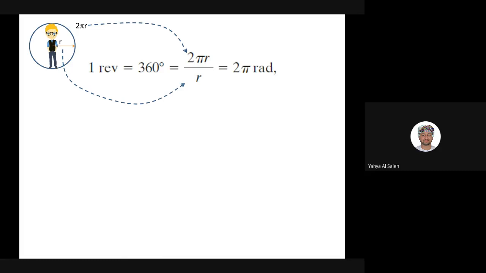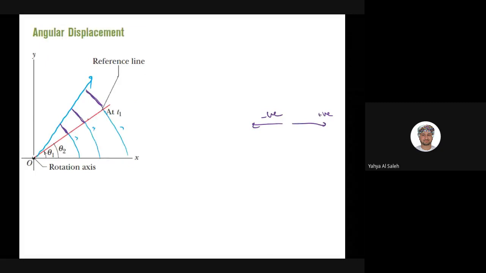So one revolution, 360 degrees, 2 pi radians are exactly the same thing. 1 radian is about 57.3 degrees.